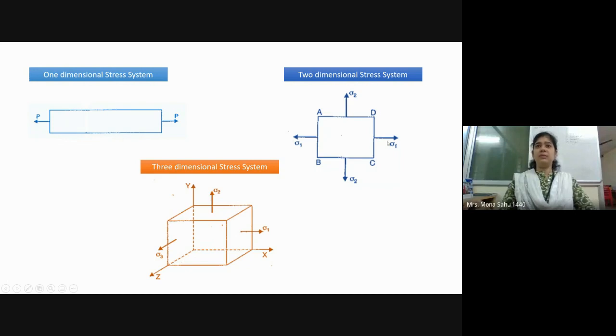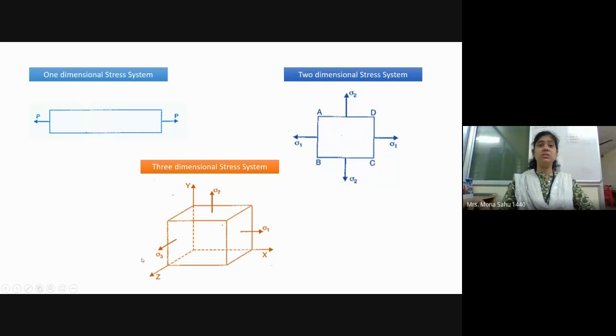I'm going to take this as X and this as Y. Now take a three-dimensional system. You have the X-axis, Y-axis, Z-axis. There is force acting along the X-axis, along the Y-axis, and along the Z-axis.